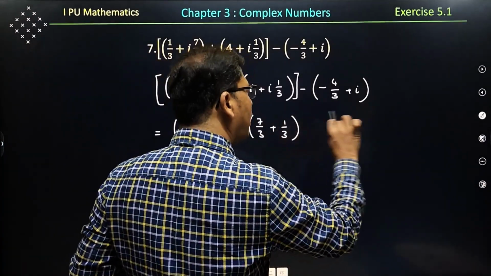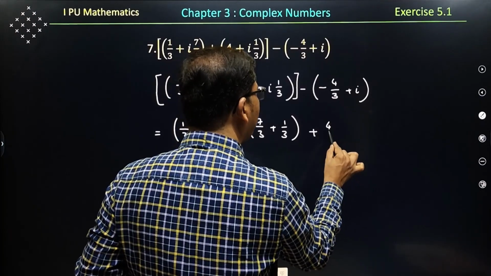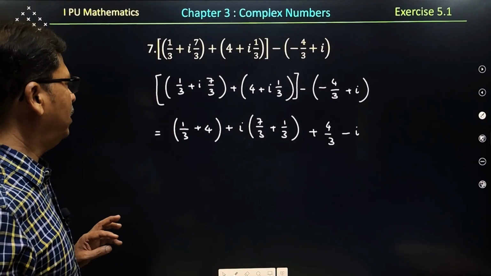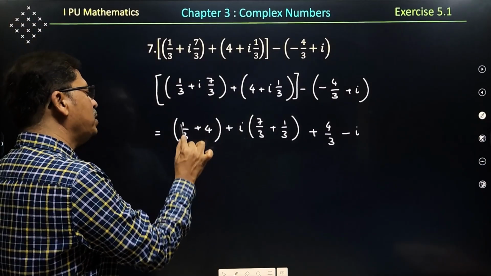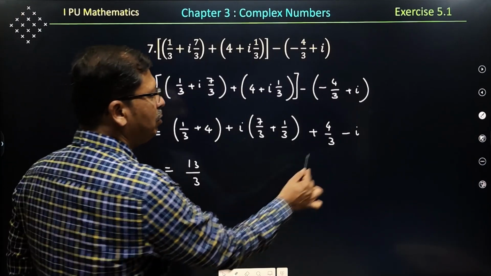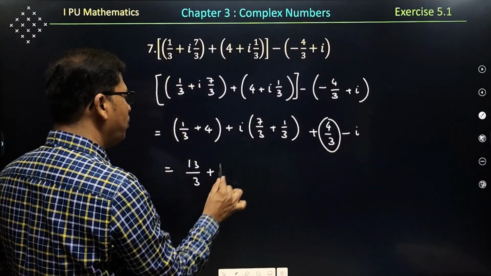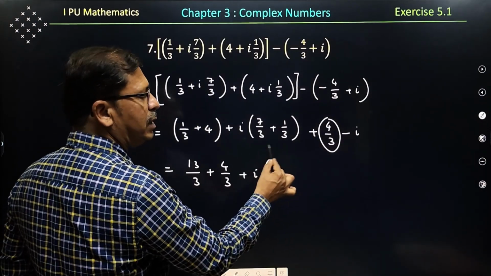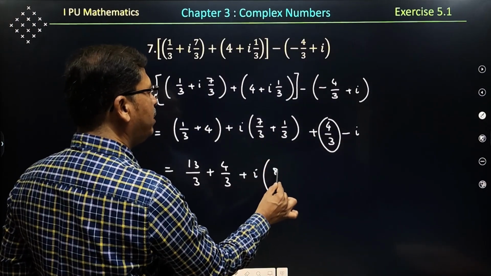Apply the minus sign, it leads to plus 4 by 3 and then minus i you can write. Further, 3 4s are 12, 12 plus 1 is 13, 13 by 3. 13 by 3 you club with this 4 by 3, plus 4 by 3 I would like to write, plus of i into bracket, 3 is the LCM, 7 plus 3 is 8, 8 by 3.